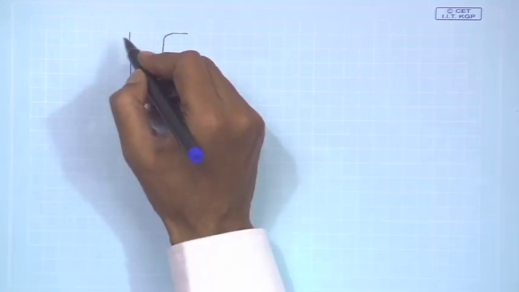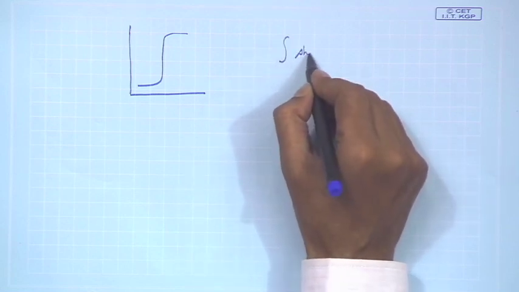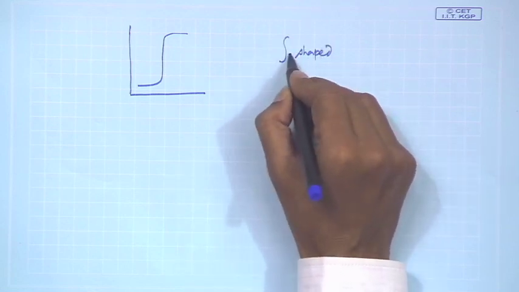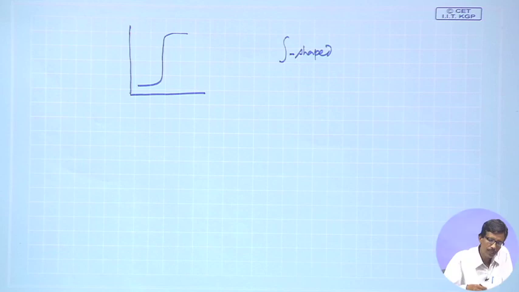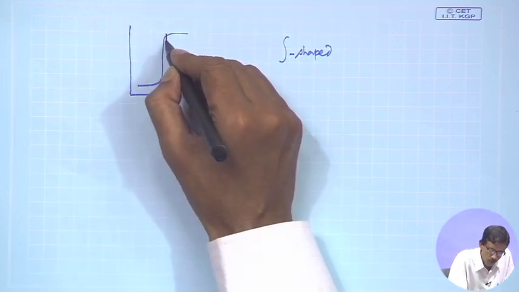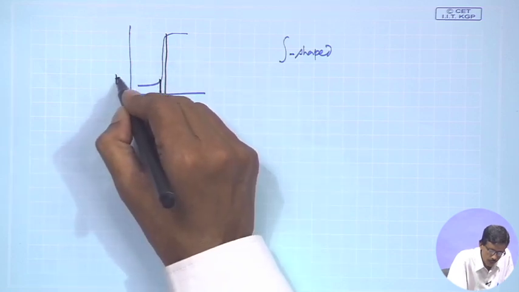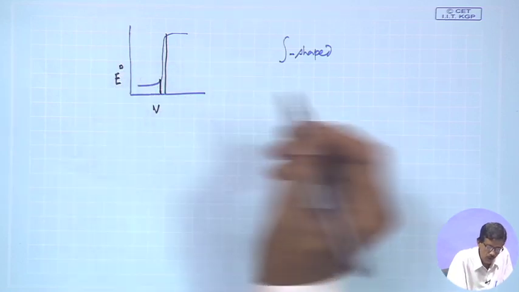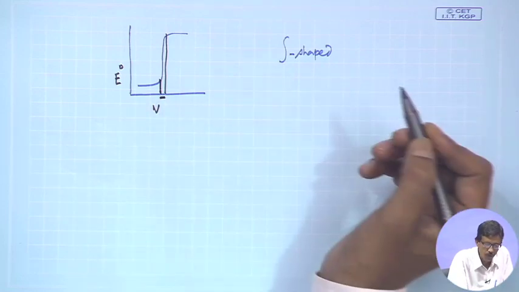So, the staircase like, sometimes we call it the integral step, that integral stepped curve, will tell us about a sudden change. So, you see that this particular change happens in only a few drops. So, this is the change. This is your E axis and this is your volume. This volume is very small, this volume is very small.